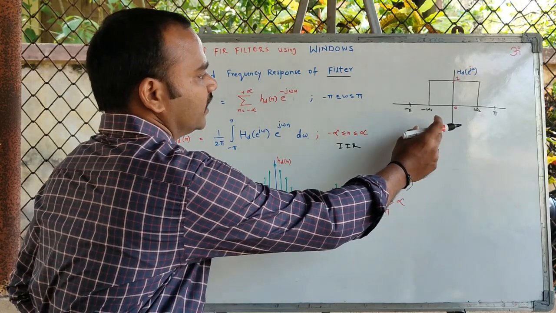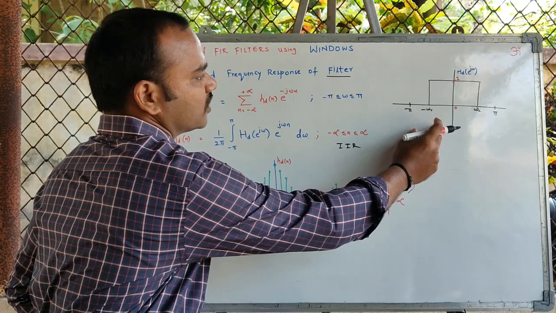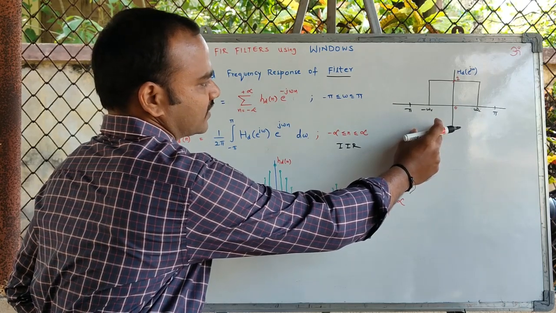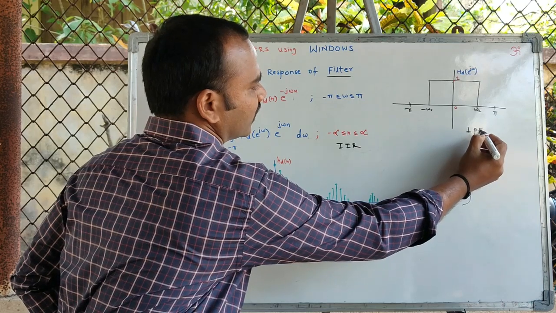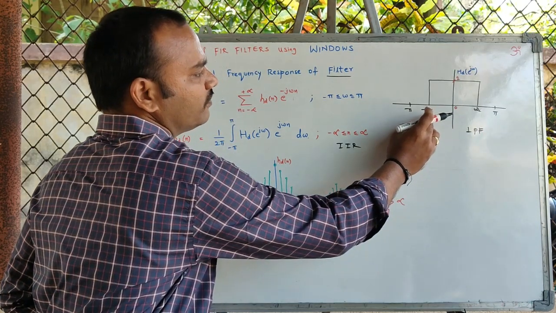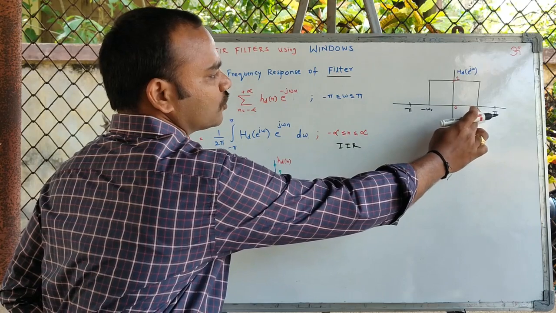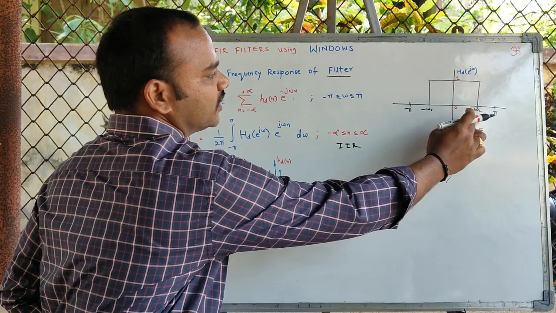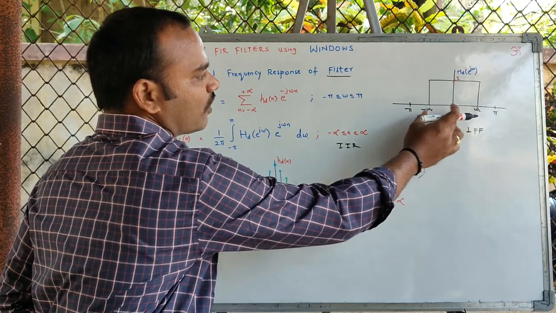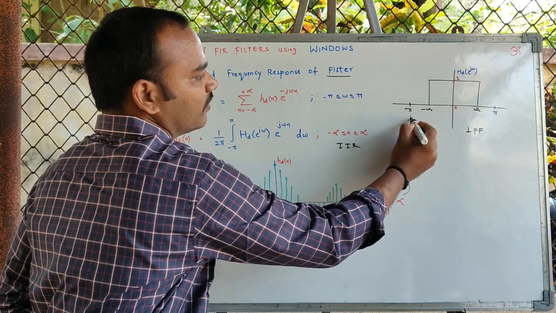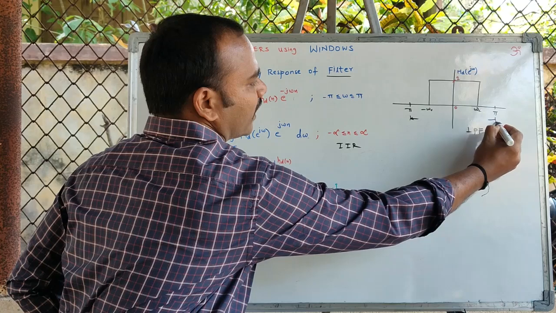If we consider the frequency response of a filter, for example, this is the frequency response of a low pass filter, defined from minus omega c to plus omega c, where omega c is the cutoff frequency, in the interval minus pi to plus pi.